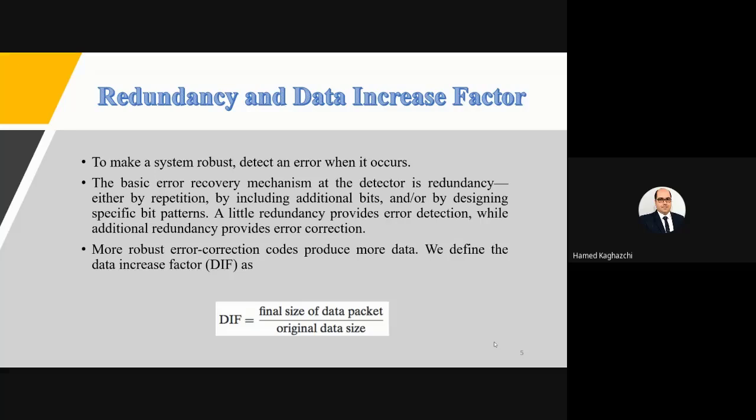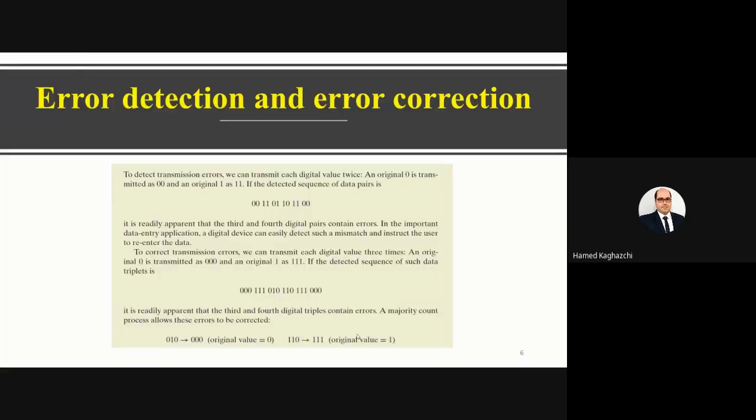For this reason, we calculate a data increase factor that measures the cost of achieving these capabilities. Data increase factor is equal to the final size of the data packet divided by the original data size.